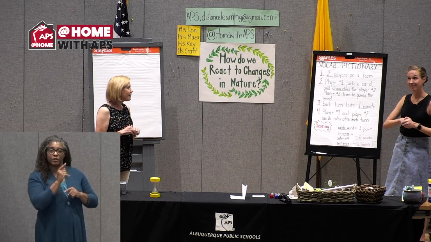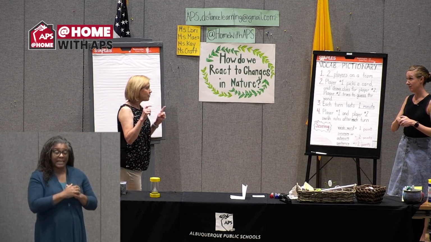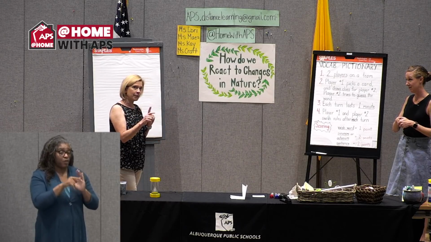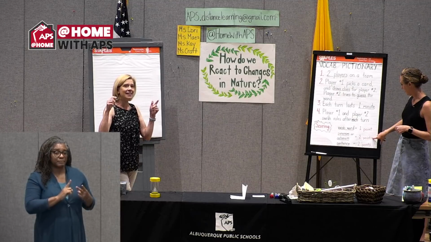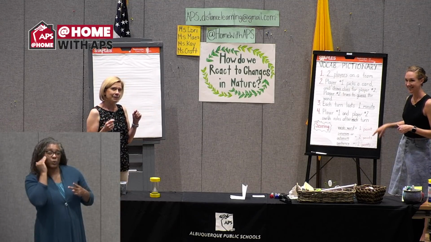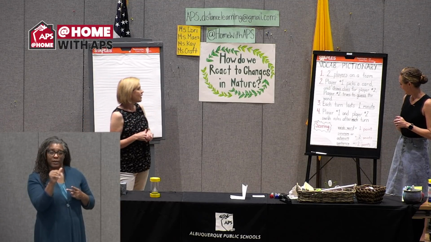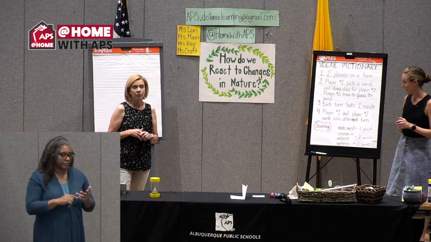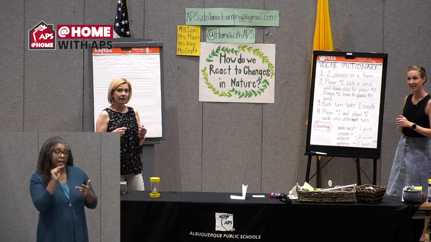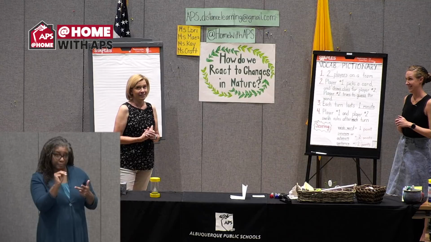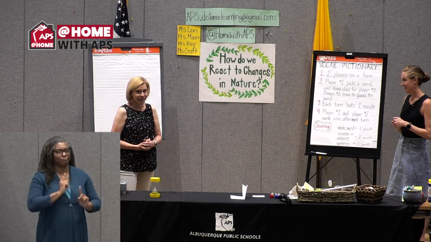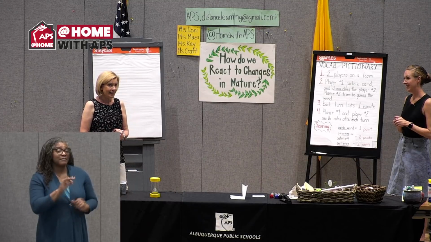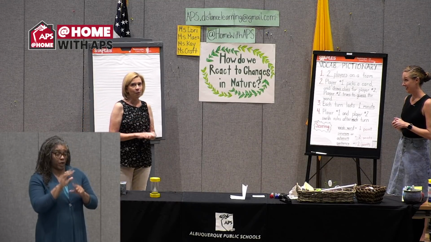Now, if that person can also tell you a synonym for that word, 2 points. Remember, synonym means the same meaning. If they can tell you an antonym, which means the opposite, they get another 2 points. So you can rack up those points. And then, if they can use that word in a sentence, another 2 points.